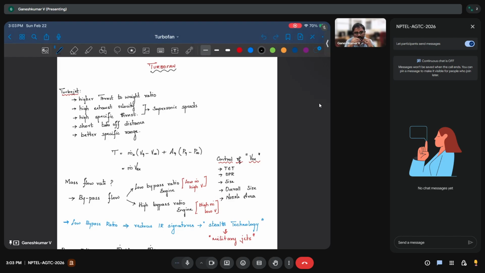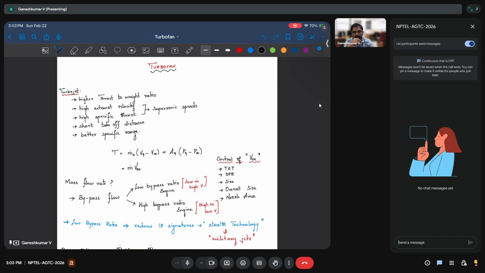So instead, people try to make the core engine smaller and add a bypass flow to the engine. That's how the turbofan came into the picture. We have a big fan in front of the core engine, which has the compressor, combustion chamber, turbine, and nozzle.